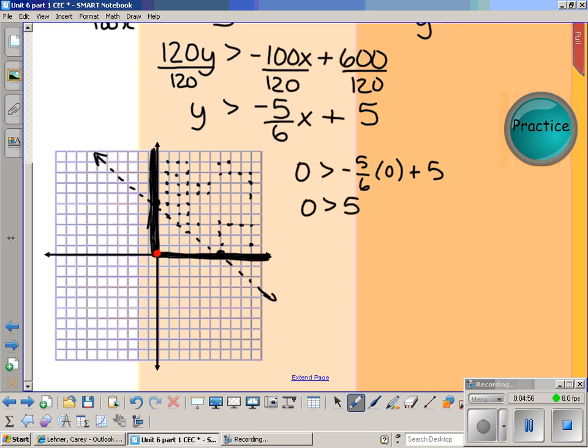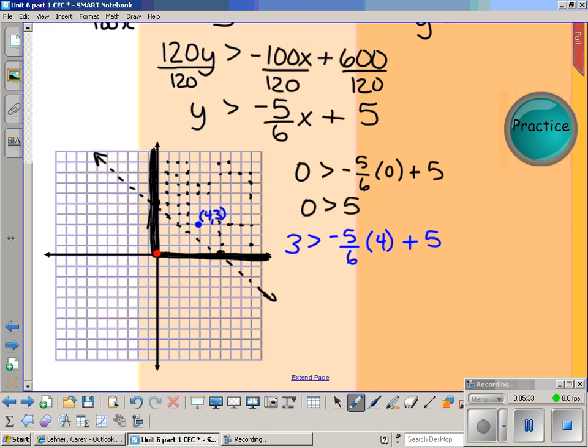Now, the question said, choose two combinations that make sense and explain your choices. So we need to find two points that are stippled and see if they work. Let's pick this point right here. This is at 4 and 3. Let's substitute those values in. So y will be 3, x will be 4.